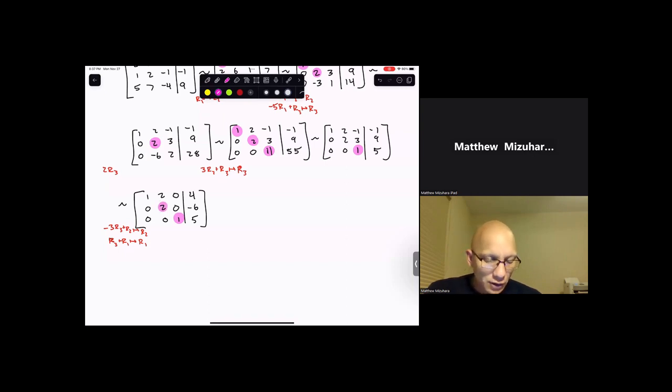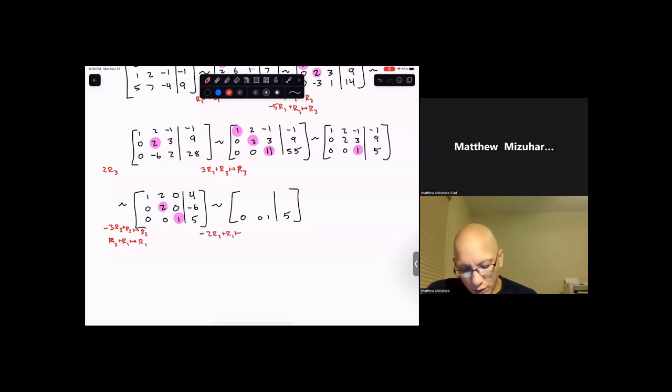I am now going to get zeros above the 2 pivot. So to do that, for example, I could do a -2 row 2, add to row 1 to replace row 1. So what do I get in that case? Again, the 0 doesn't affect this 1, so that's going to stay 1.